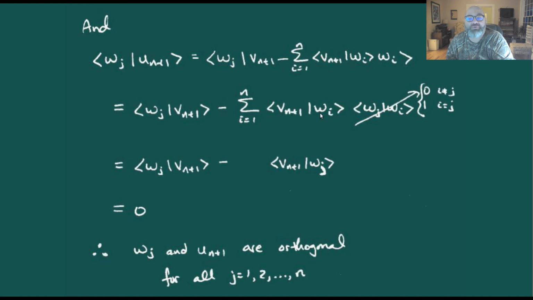That's our w sub n plus 1, w sub i, leaving us with w sub j dotted with w sub i. Well, remember our properties of these, that they were 0 if i was not equal to j, and 1 if i was equal to j. So in this whole expression, all of the terms cancel out except the one for w sub j. So again, by the symmetry of our dot product, those cancel out and we get 0. So our u sub n plus 1 is going to be orthogonal to all of our w sub j's.